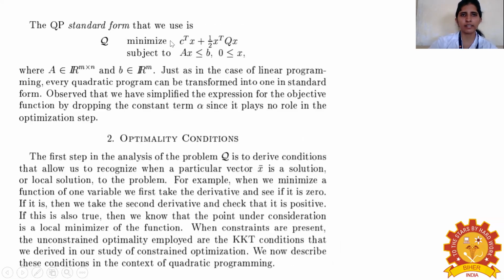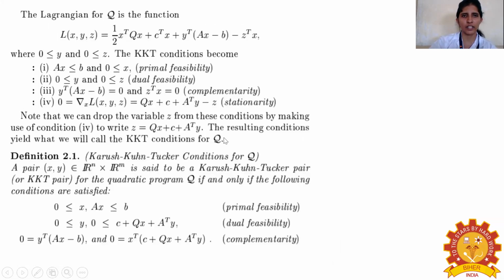So we have to minimize c power t of x plus half into x power t Qx subject to the constraints Ax less than or equal to b and 0 less than or equal to x. Okay, so next we have to check for the optimality conditions. So we are using the Lagrangian function as the optimality condition.